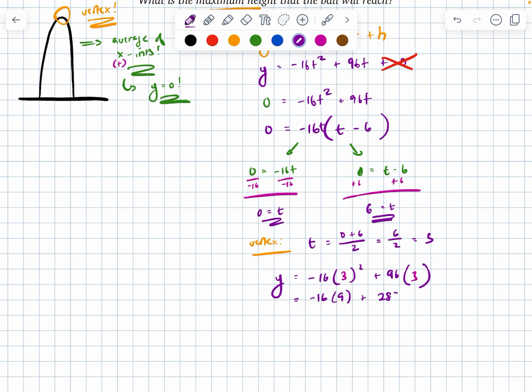Well, I've got negative 16 times 3 squared. 3 squared is 9. And then 96 times 3, it turns out, is 288. Negative 16 times 9 is negative 144. And if I add these two numbers together, 144 feet should be the maximum height of my softball.